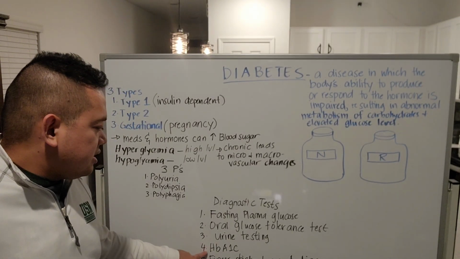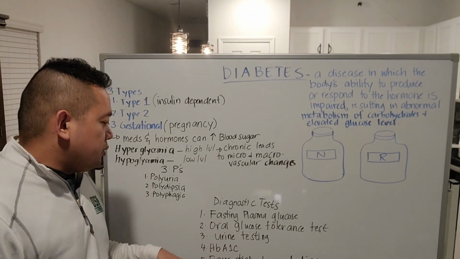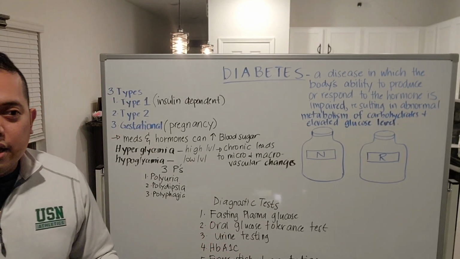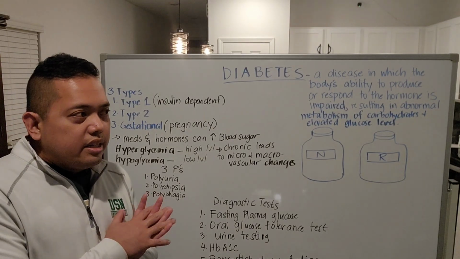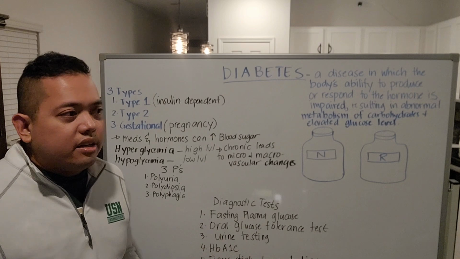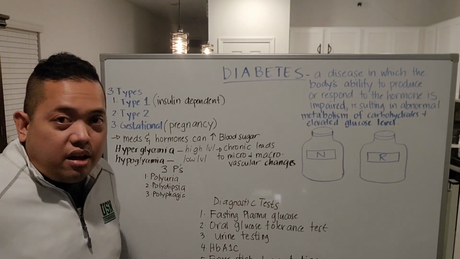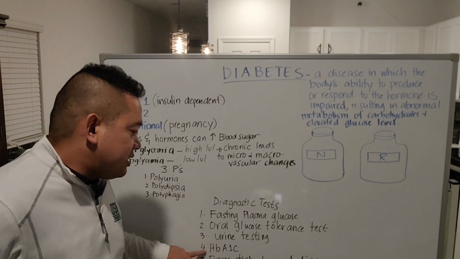For this one, it's good because you don't have to fast whenever you're doing this testing. It tests the blood itself, so if you have chronic high levels of glucose, it would show on this test.